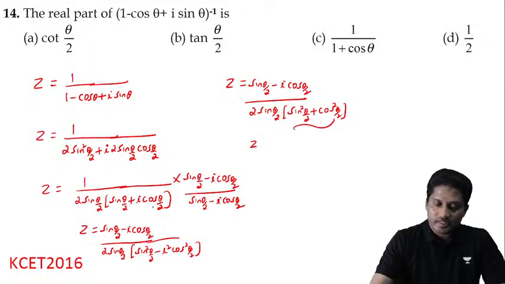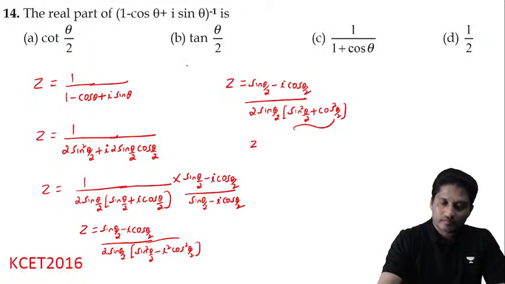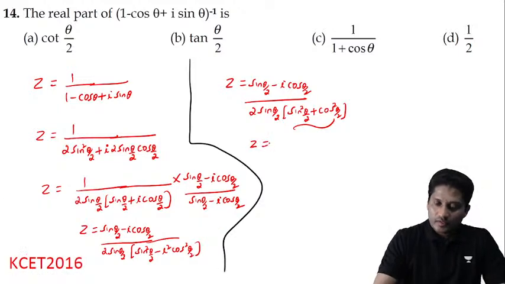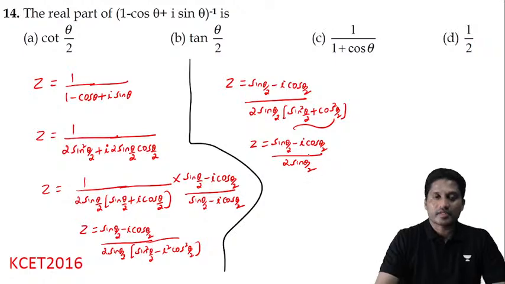Sin square plus cos square is 1. So this becomes z is equal to sin theta by 2 minus i cos theta by 2, whole divided by 2 sin theta by 2. Cos square plus sin square is 1.